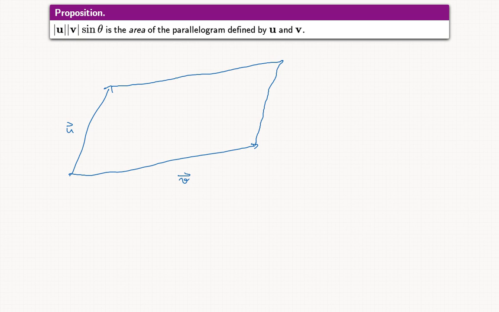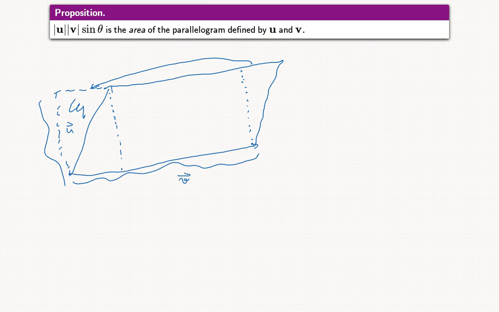Since this is slanted, it's not immediately clear what the area will be. But if we draw like this, we can clip off the excess and then move this piece over here. So the area of the parallelogram will be the same as the area of this rectangle.